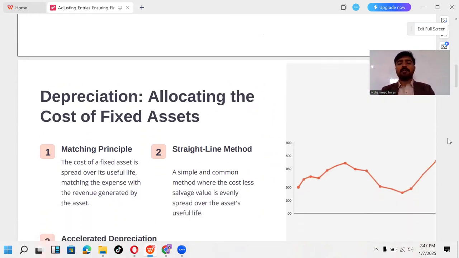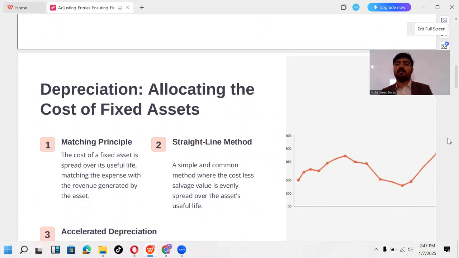Before discussing the types of adjusting entries, we will discuss depreciation, what it is and why it is so important. A lot of businesses purchase assets for conducting their business activities, like buildings, tools, and equipment. These assets face wear and tear, and they depreciate with time.